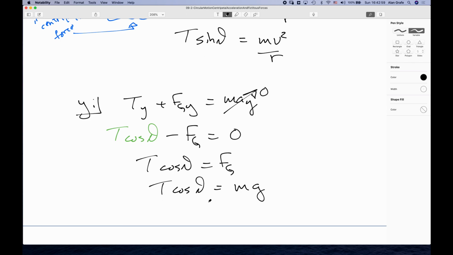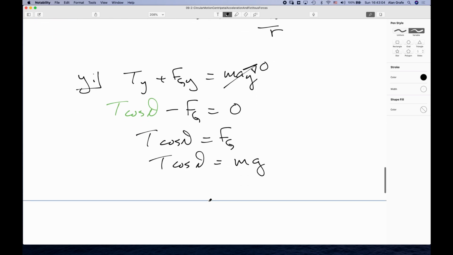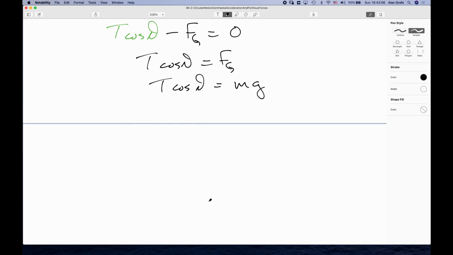If you divide the equations by each other, you can make the T go bye-bye. So let's see what that looks like. So we had T sine theta equals mv squared over r.